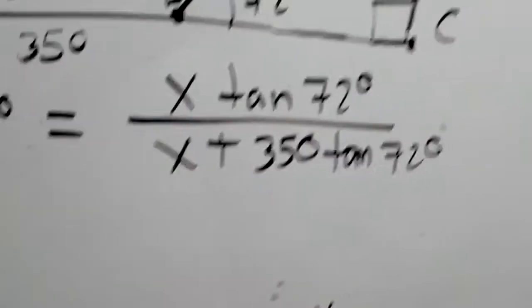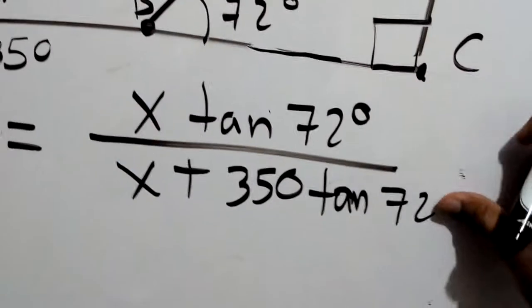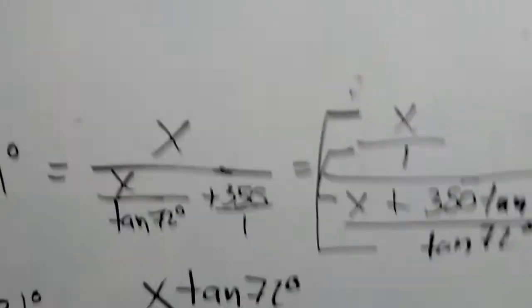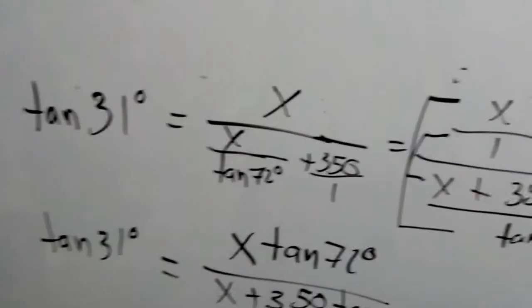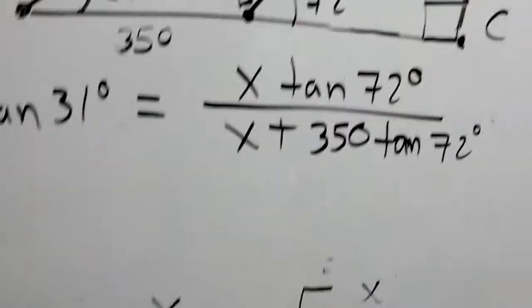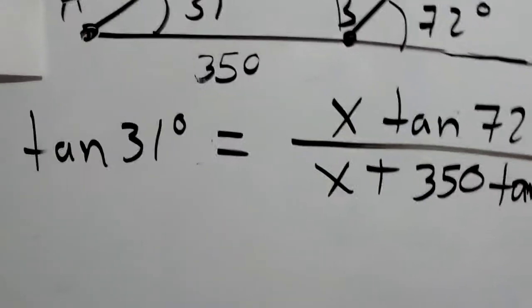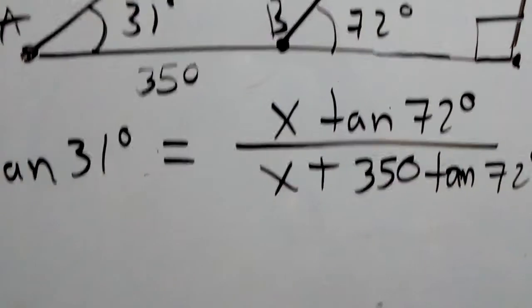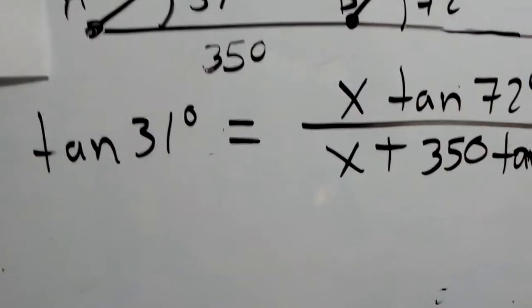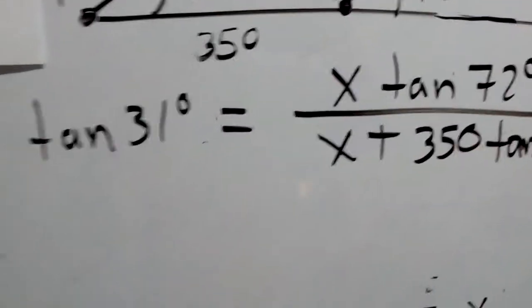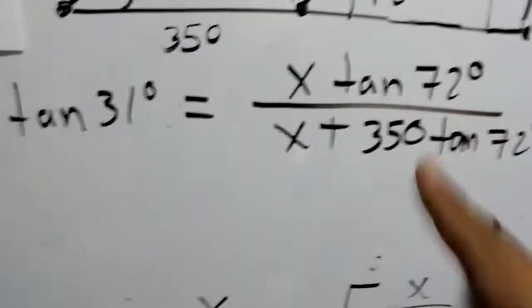The only thing I am doing is writing down this equation that we reached in the previous step. I am only copying that equation because I don't have more space, so I did it above, and now I want to clear this equation for x.